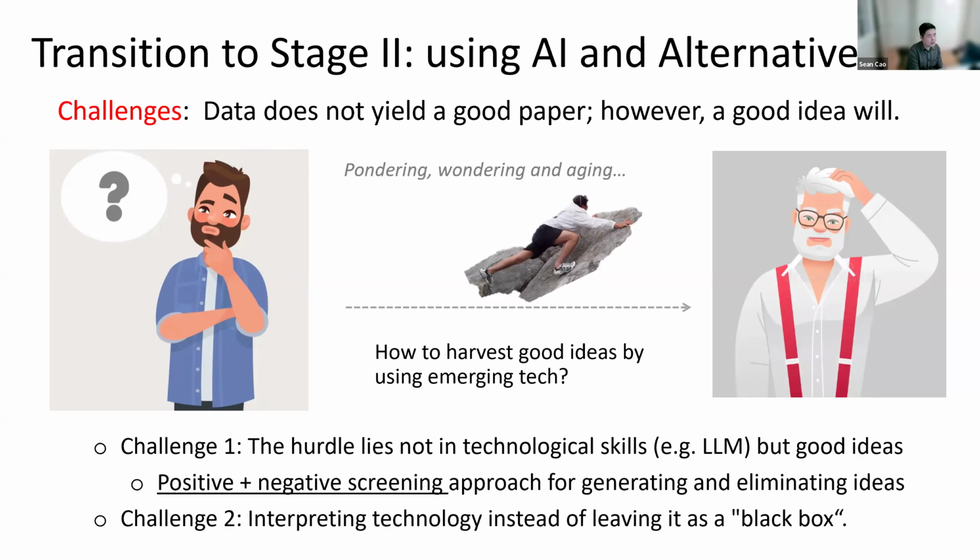So the point I'm making here is, for challenge one, the hurdle is, can you use your accounting knowledge and finance knowledge to find interesting questions that computer scientists cannot think about?